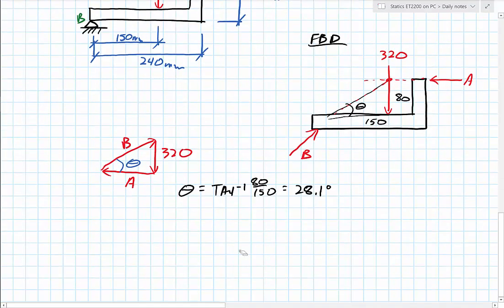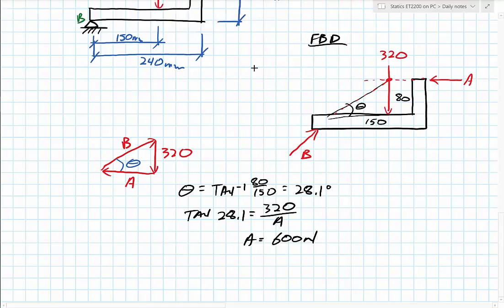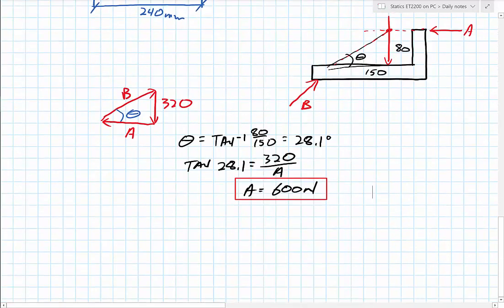And with that 28.1, I could find out what these values are because I know that the tangent of that angle is equal to the opposite over adjacent. And from that, I end up with A being 600 newtons. And like I said, this one's a little bit easier. Normally you have to use a lot of sines, a lot of cosines, because it's rarely a right triangle.